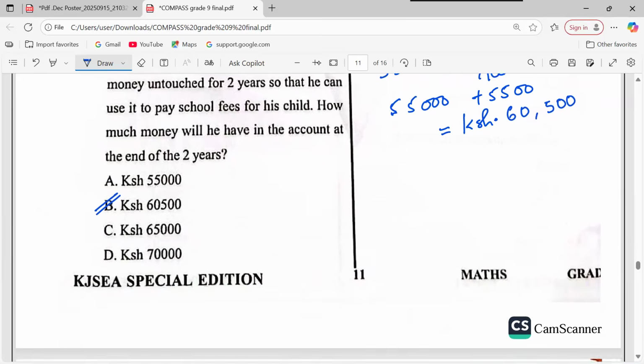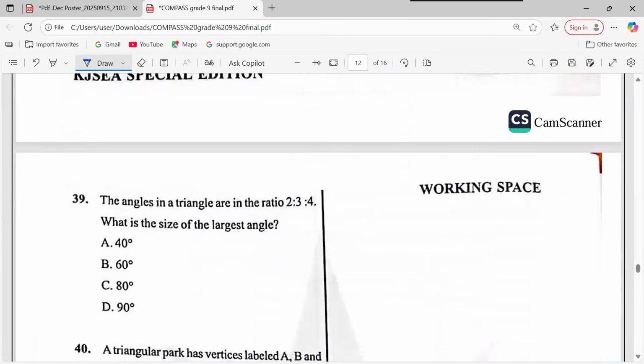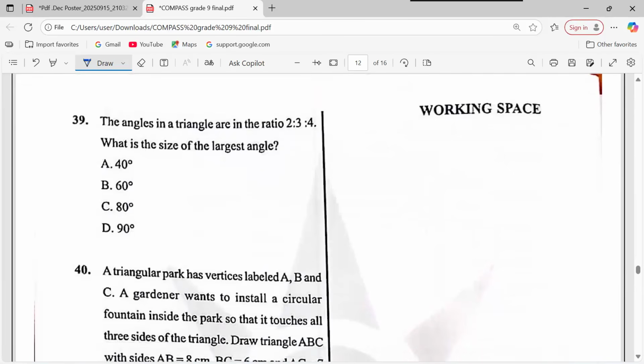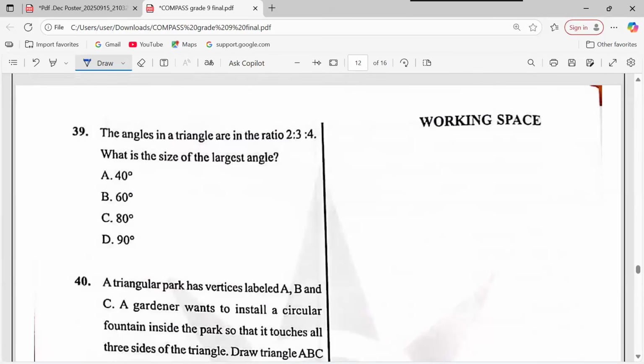Number 38. Now looking at 39. Look at number 39. The angles in a triangle are in the ratio 2:3:4. What is the size of the largest angle? For the largest angle, we should be talking about the angle with the proportion 4.